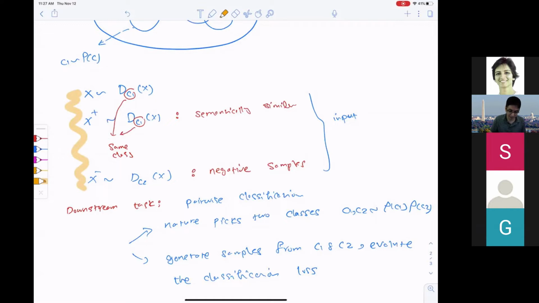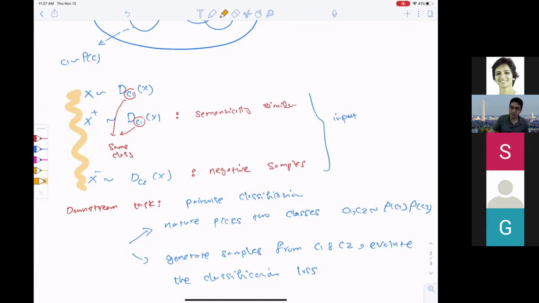Yeah, so basically they're drawing X plus, a similar image, from the same class. But do we have in practice class information? Do we have the label information? We don't have the label information, right?